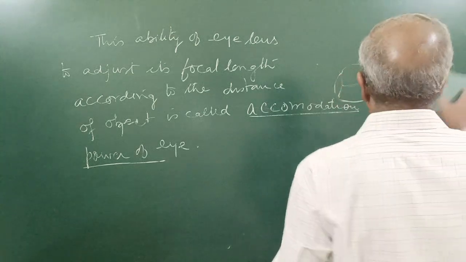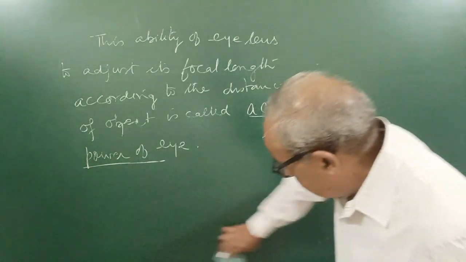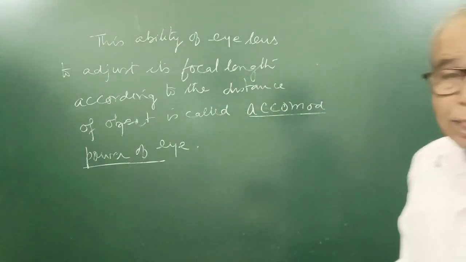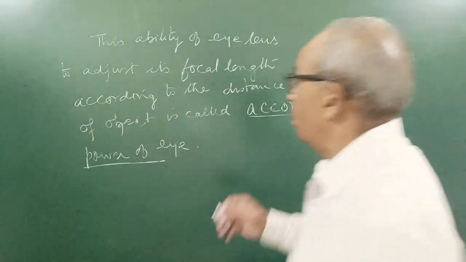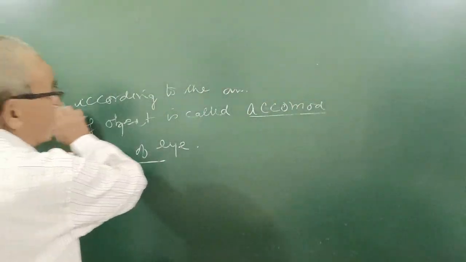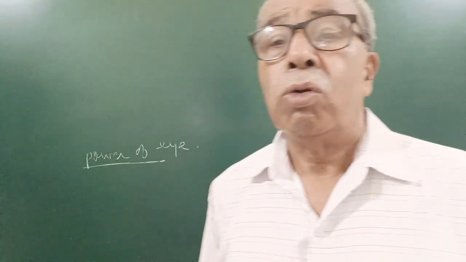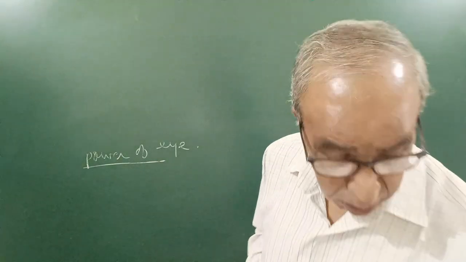The distance of the image from the lens is your retina, maximum. But if objects come very close, then muscles are unable to stretch further to adjust the focal length and the image appears blurred.